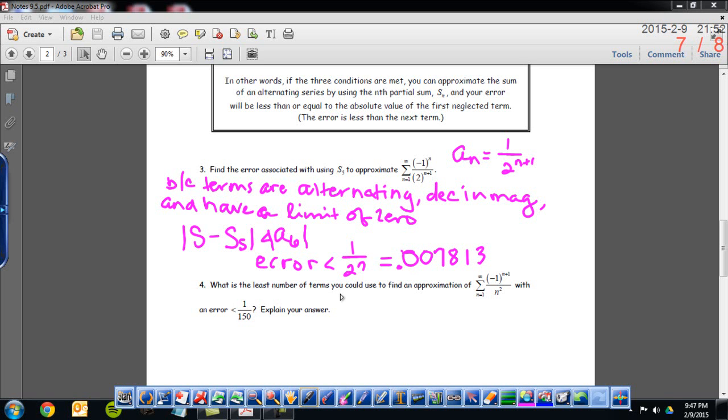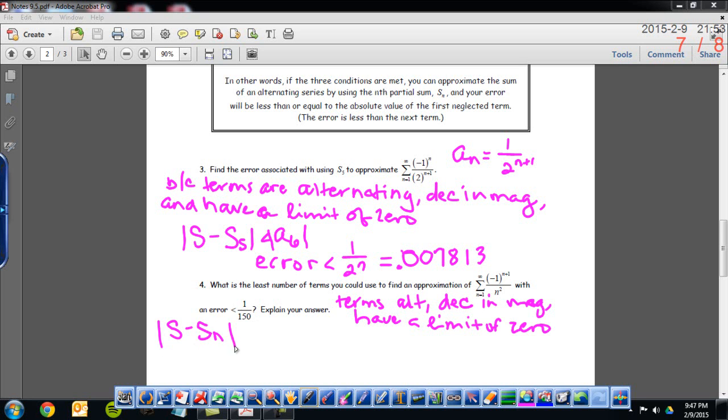So because the terms alternate, decrease in magnitude, and have a limit of 0, we know that our error, which is denoted as the actual sum s minus s sub n, has to be less than the first neglected term, and we denote that as a sub n plus 1.